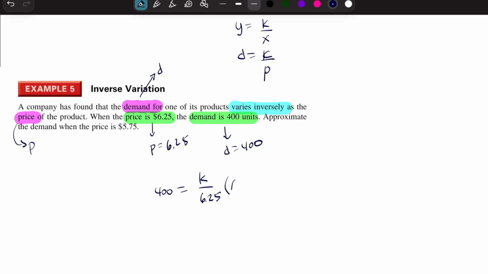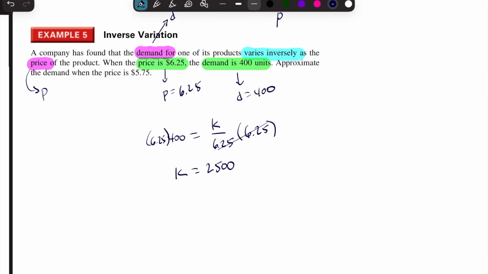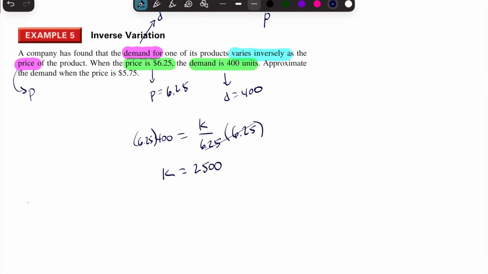And so we just need to multiply both sides by 625. Solve for K. That can go in the calculator. 625 times 400 is 250,000. Okay, so our actual model is D equals 250,000 over P.